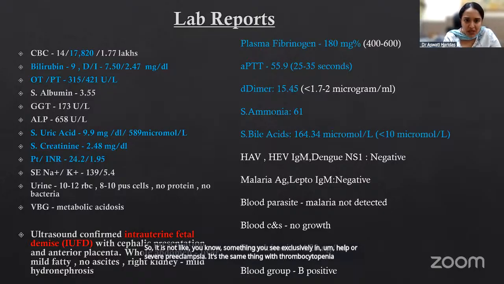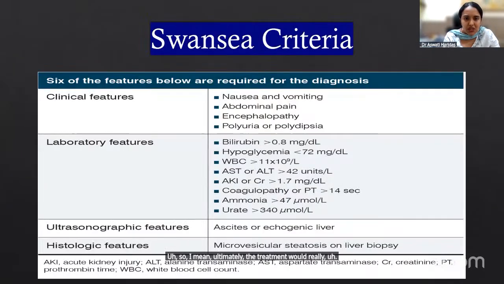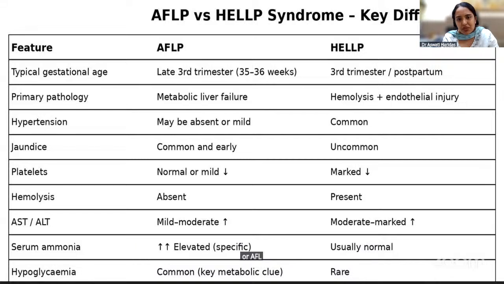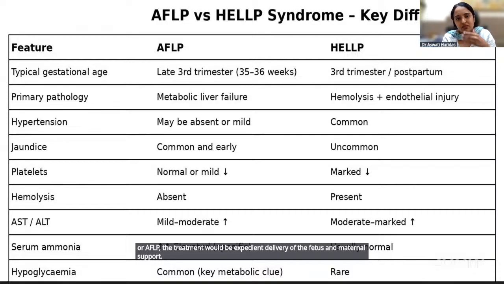However, in HELLP, you have more of hemolysis. Here, I don't think there was any evidence to suggest hemolysis. Ultimately, the treatment would not change, be it severe preeclampsia or HELLP or AFLP. The treatment would be expedient delivery of the fetus and maternal support.